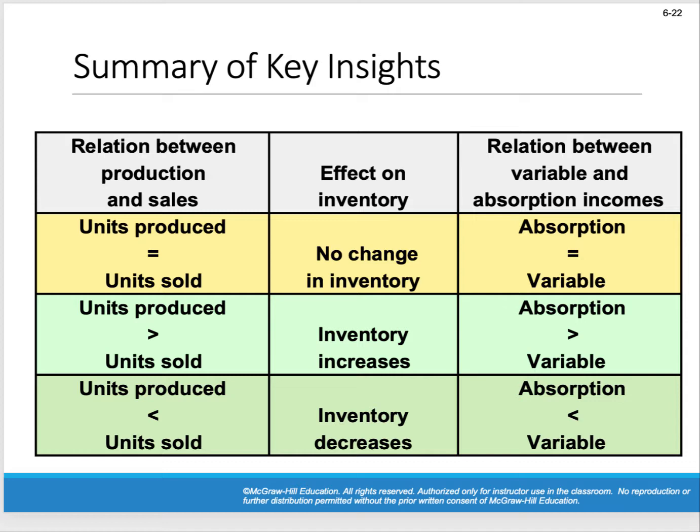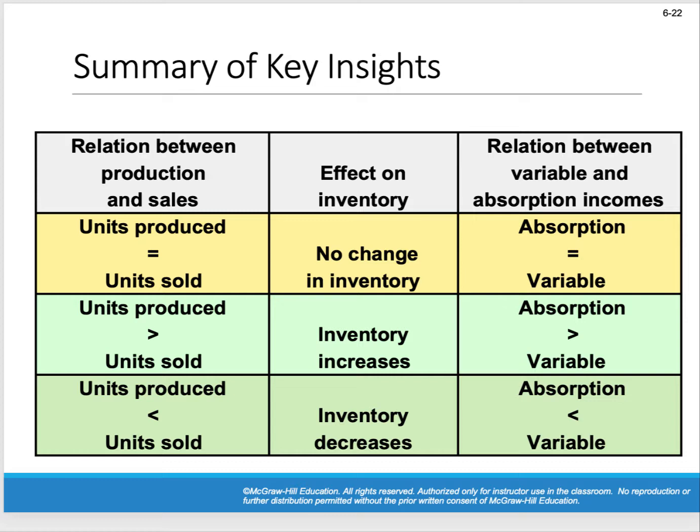Why does it increase? Because under absorption costing, we produce more than we sell. That means the fixed manufacturing overhead is deferred to the next period. That's why the inventory value increases. Well, what's the relationship on net operating income? The absorption method is going to be greater than the variable costing. That was the first example we saw.